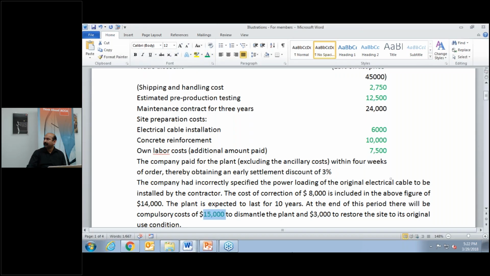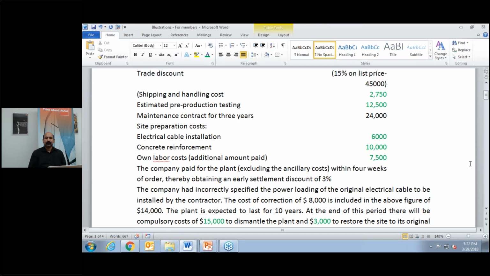Khyam, can you please quickly add up or deduct from this figure. 300,000 minus 45,000, plus 2750, plus 12500, plus 6,000, plus 10,000, plus 7,500, plus 18,000.